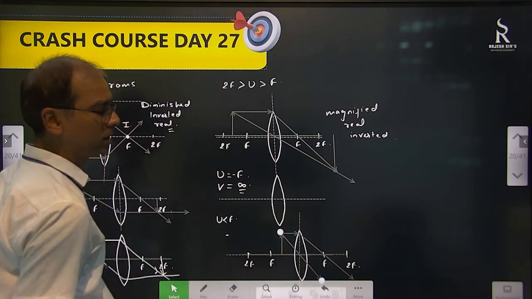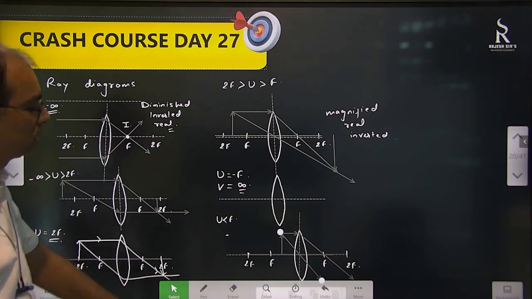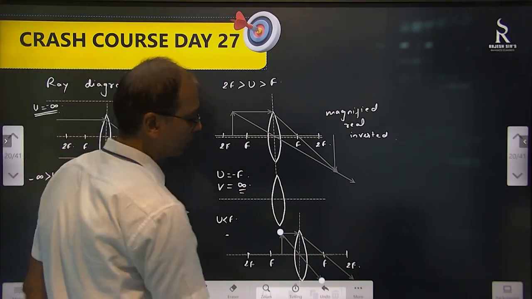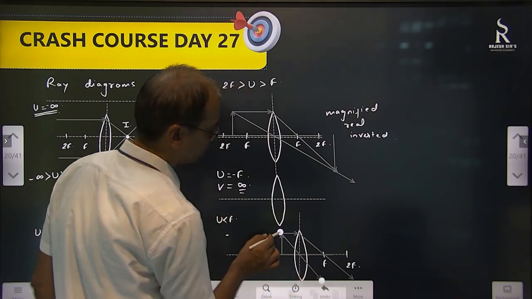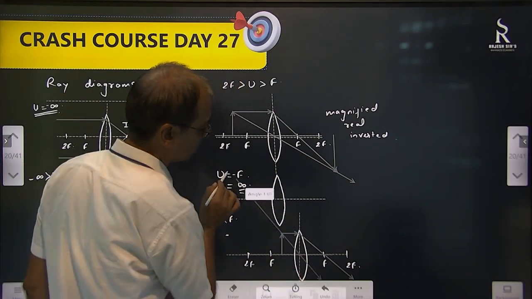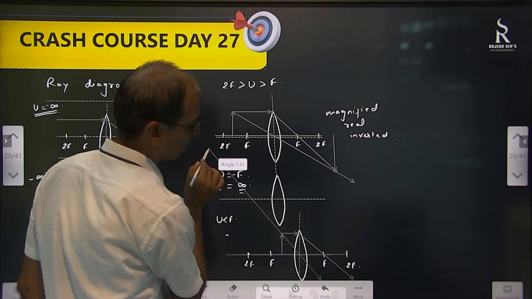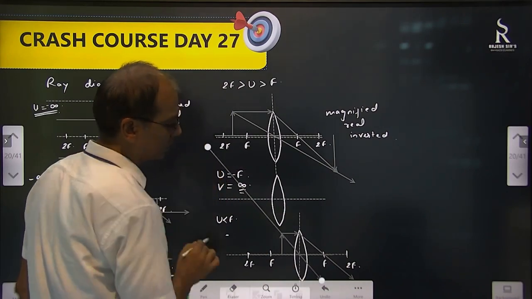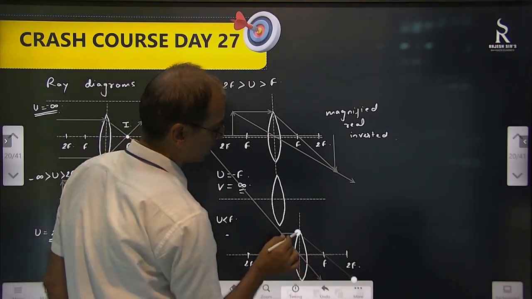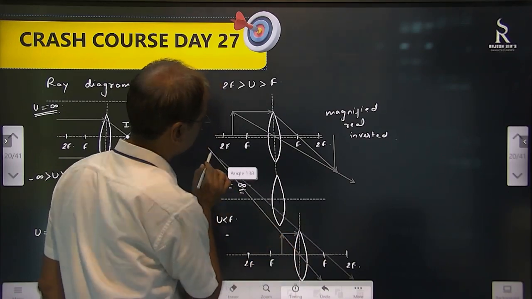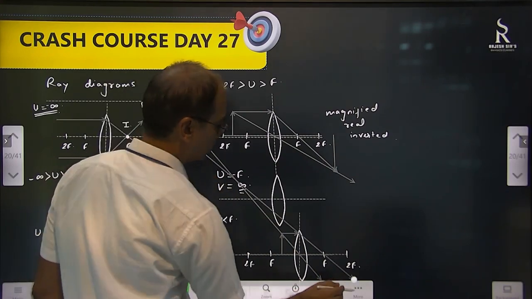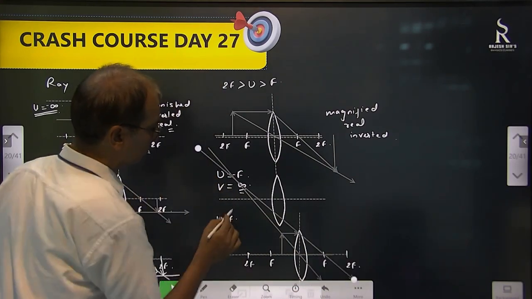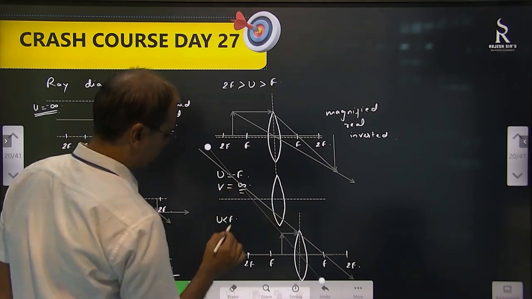Are they going to meet this side? And the answer is no. So let's take it back side and see what's happening. Okay, so we are going to take them back. We have taken it like this. Now let's take this. Are they meeting? Yes, they are meeting here. This is the meeting point.